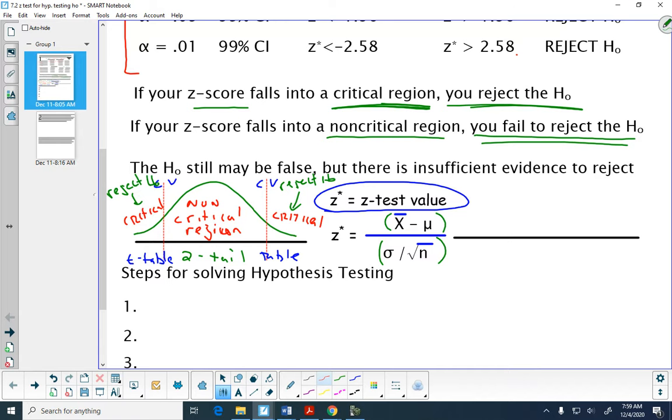If we fall into a non-critical region, which is the middle part there, we fail to reject the null hypothesis. Once again, we have two solutions here. We will either reject the null hypothesis or we will fail to reject the null hypothesis.